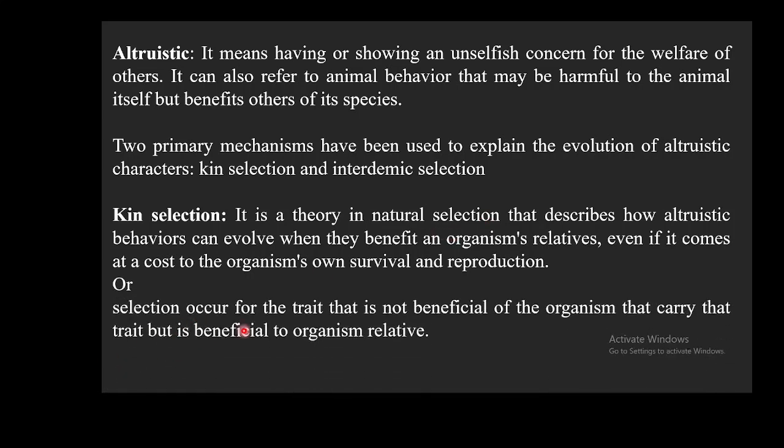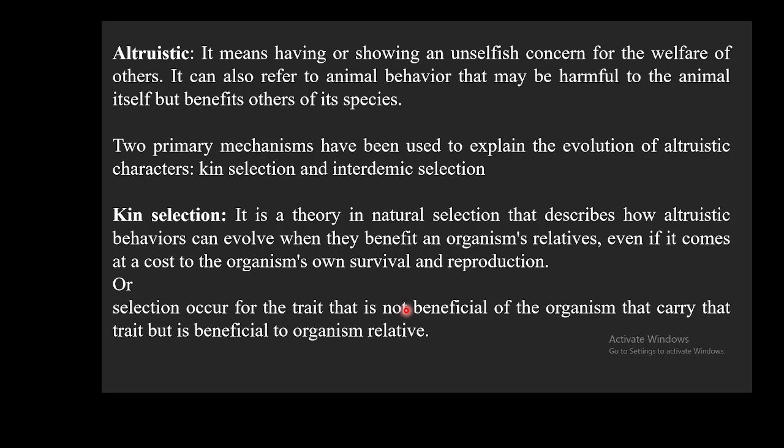Selection can occur for a trait that is not beneficial to the organism that carries it, but is beneficial to the organism's relatives. The best example is honeybees. The workers sacrifice their lives to protect their queen.